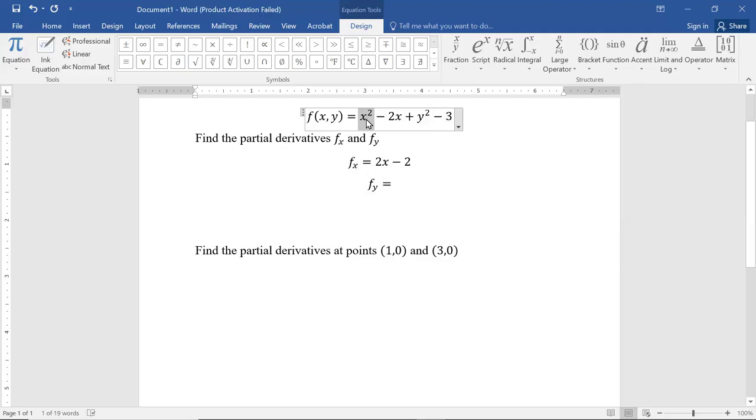Derivative of a constant number is 0. Same thing with minus 2x. There's no y involved in this term. So derivative of that term is 0. Derivative of y squared is going to be 2y as long as y is my variable. And then derivative of 3 is 0.